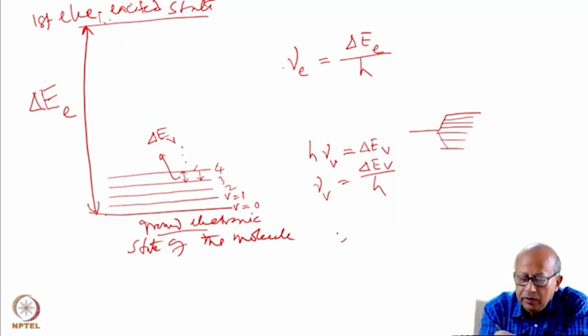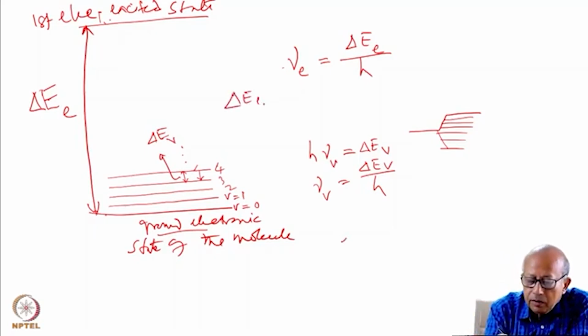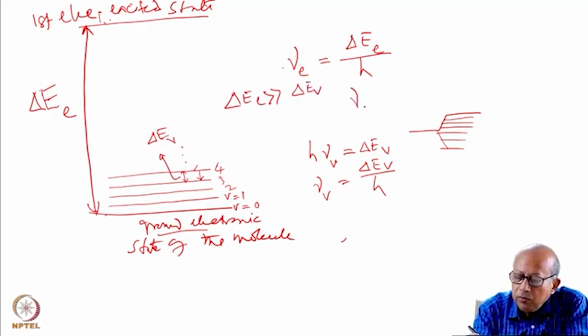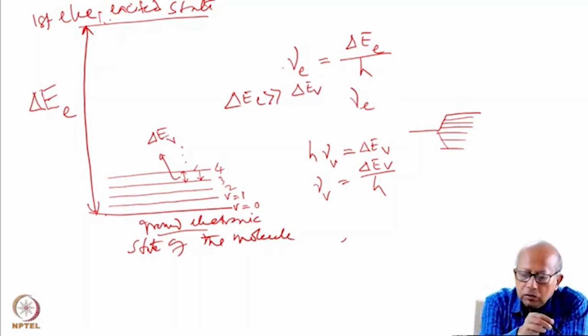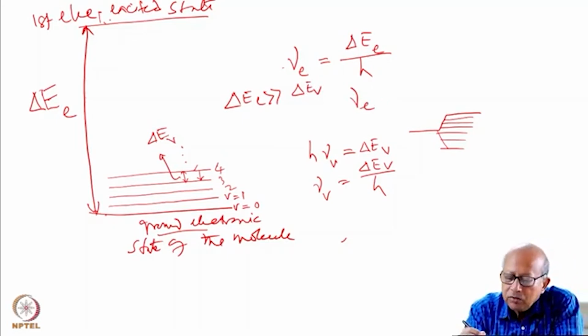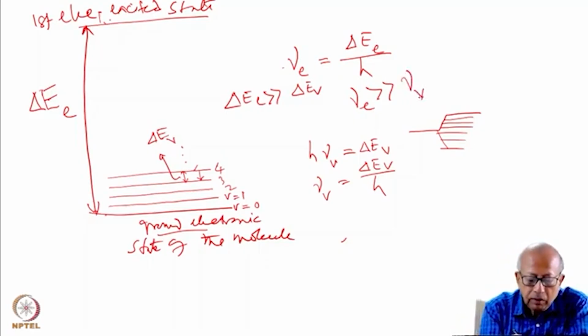As delta E electronic is much more than delta E V, the frequency of the photon arising out of this electronic transition will be much more than the frequency of the light arising out of this vibrational transition.